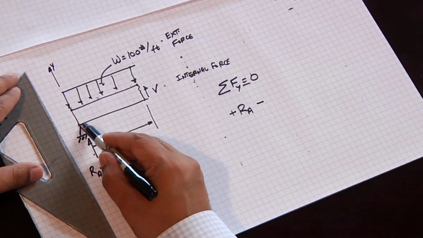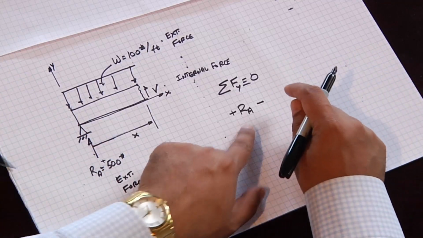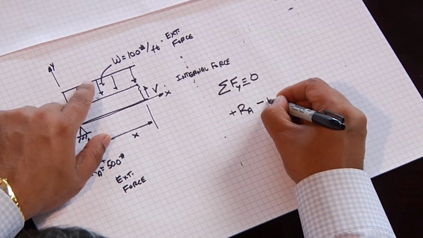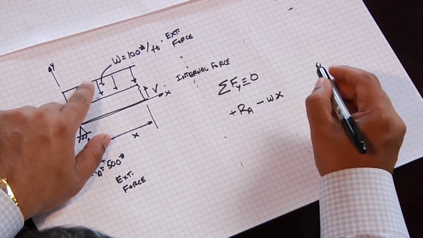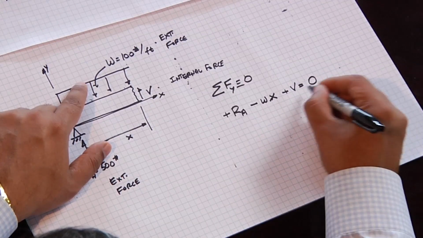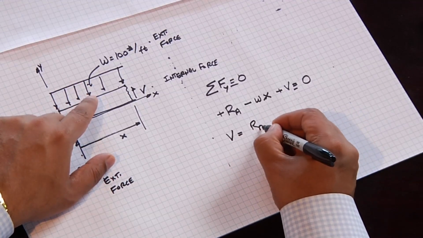This is y, and this is x. So we have plus RA, because this force is going up, minus W times x, and then plus V equals 0. So V is equal to... And for right now, I'll keep the sign convention.